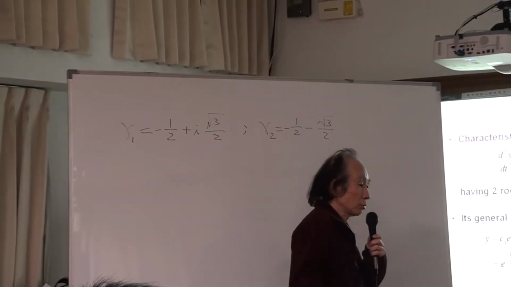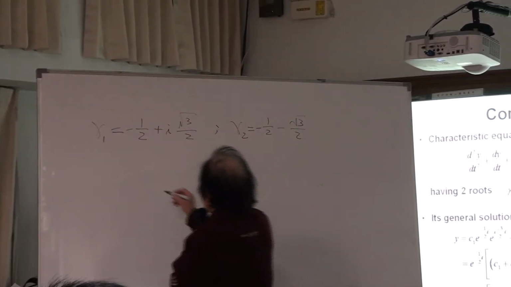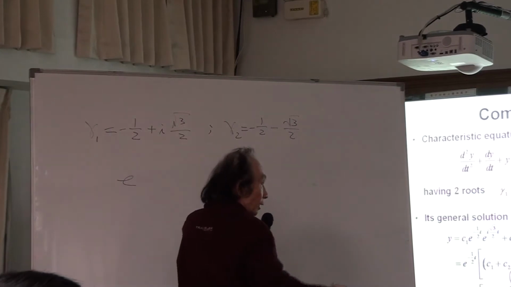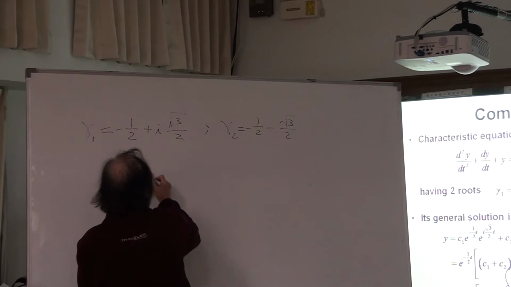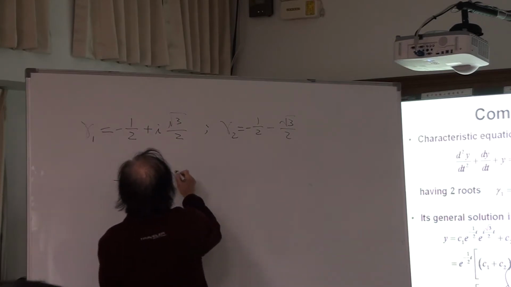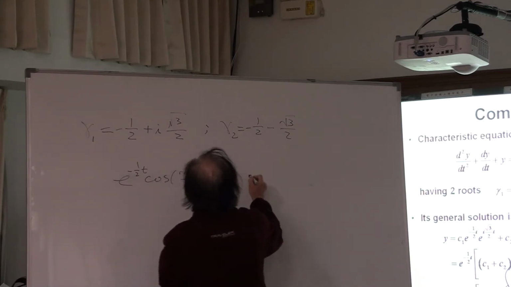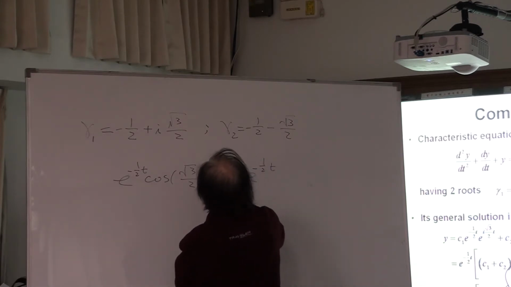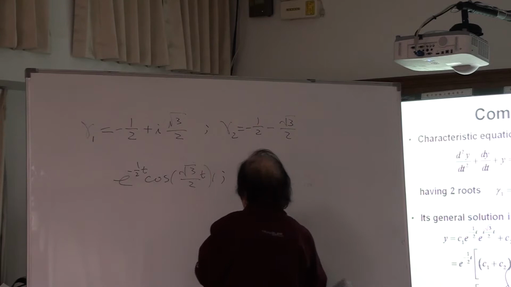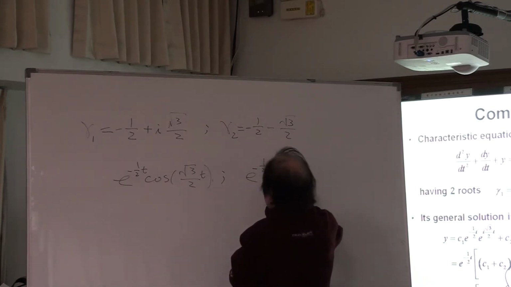And these two roots give us two basic functions: e to the minus t times cosine of square root 3 over 2 t, and in the solution we got e to the minus t times sine of square root 3 over 2 t.